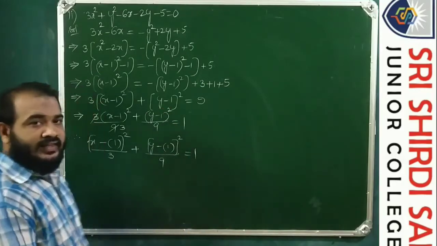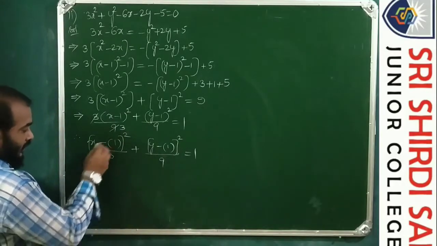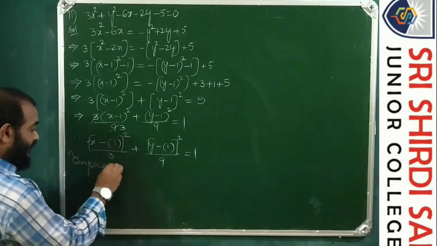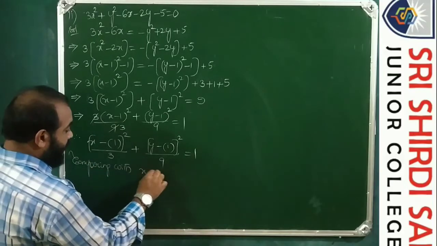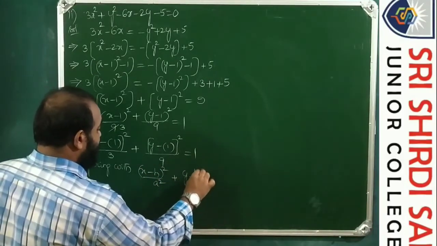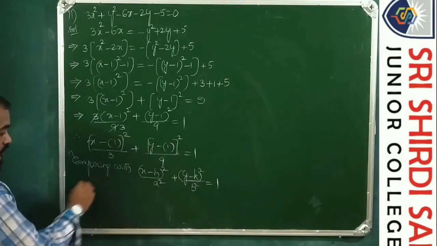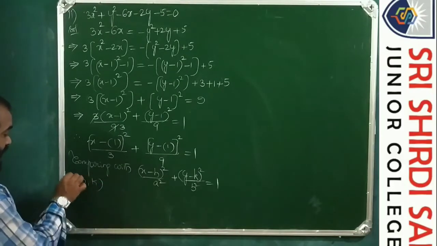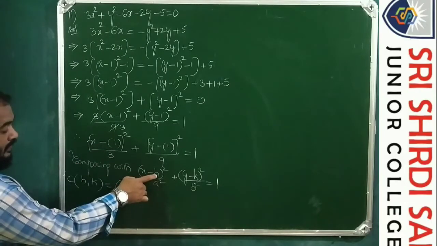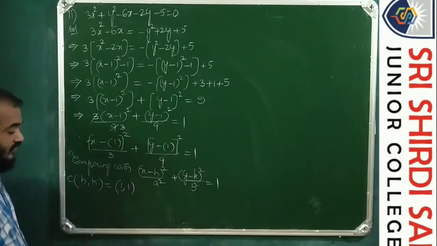Unlike the previous case, where a is greater than b, here, comparing this with (x minus h) whole square by a square plus (y minus k) whole square by b square equals 1, we get h comma k, which is the center C. In the place of h we see 1, in the place of k we see 1, so 1 comma 1 is the center.